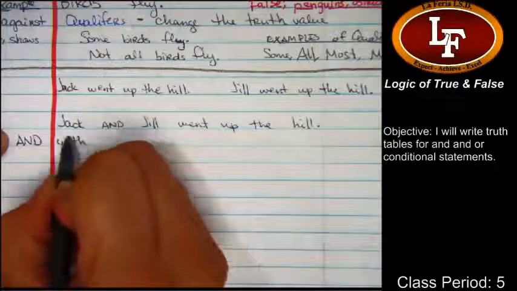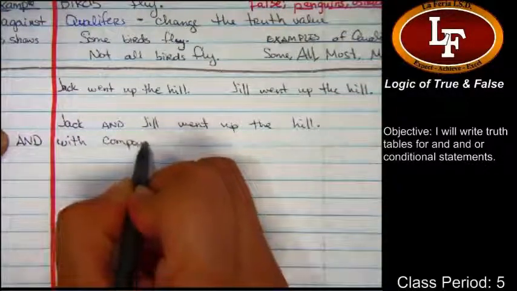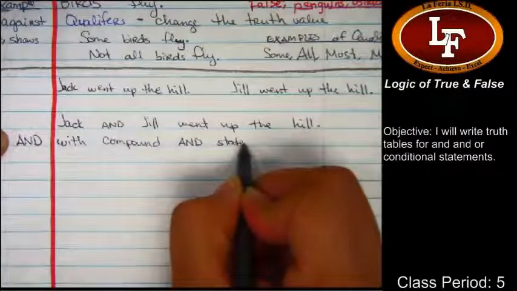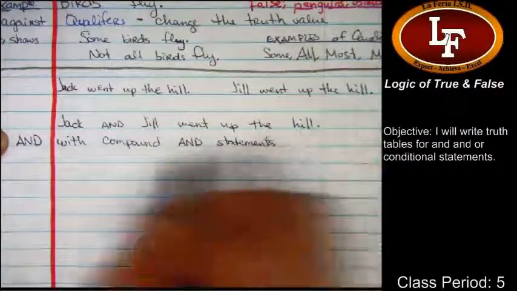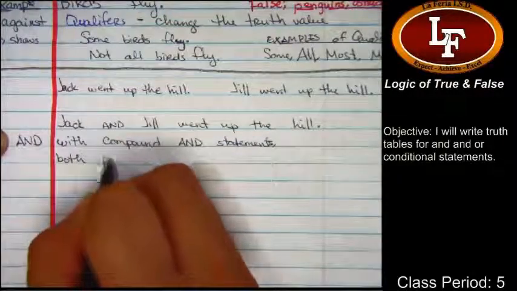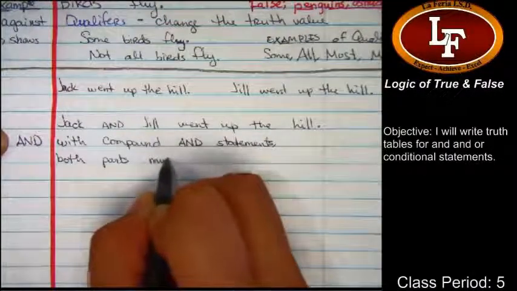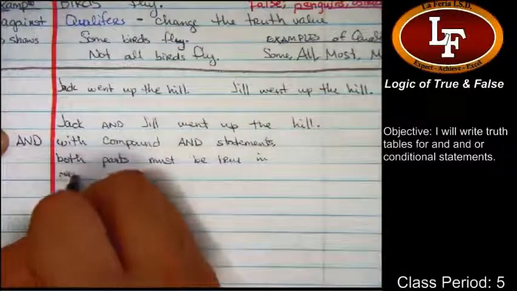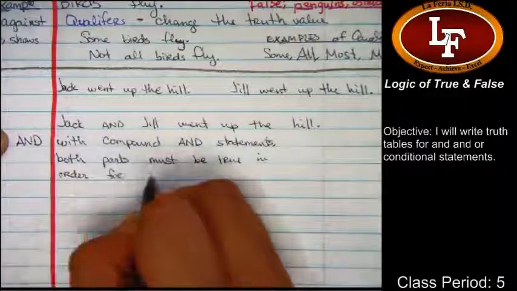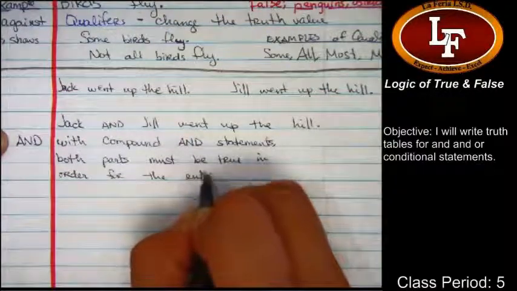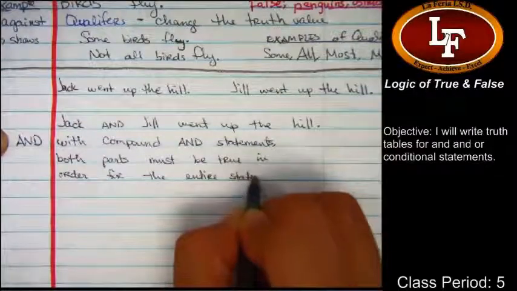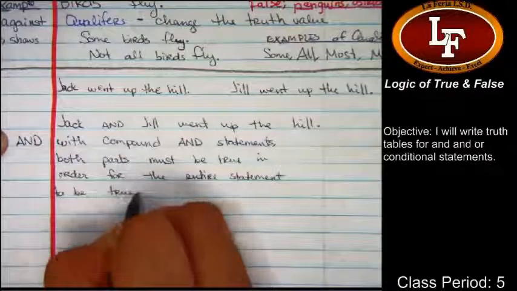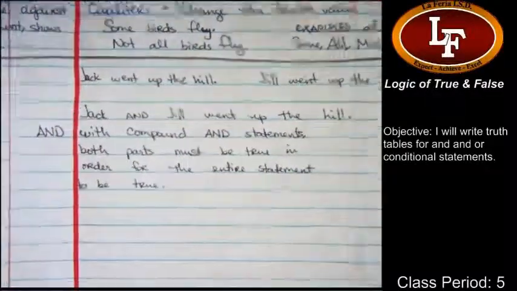With compound "and" statements, both parts must be true in order for the entire statement to be true. Okay, and I'm going to zoom in a little bit more so it's easier to see.